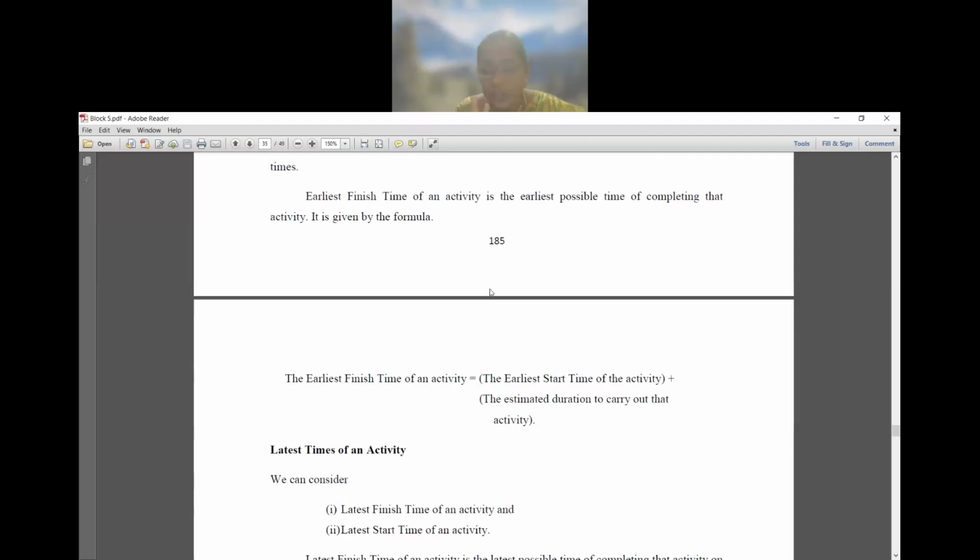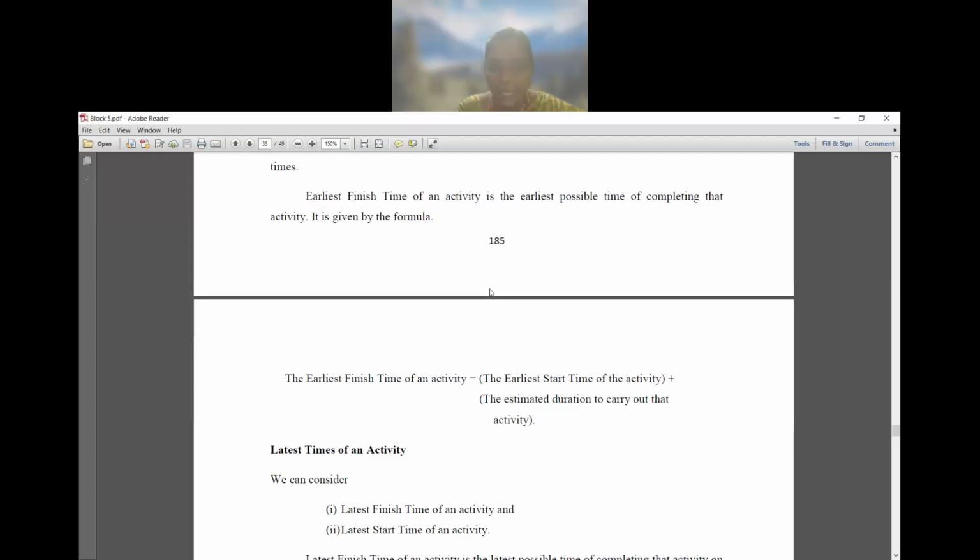We have to add two things: the earliest start time and the duration value.